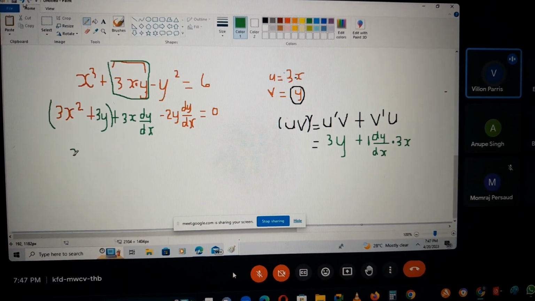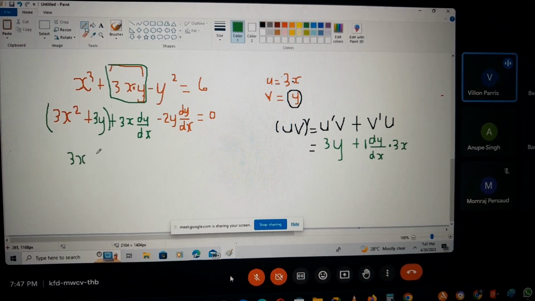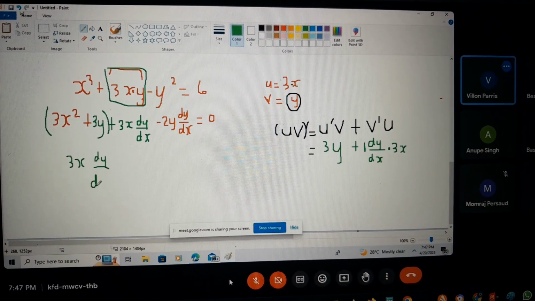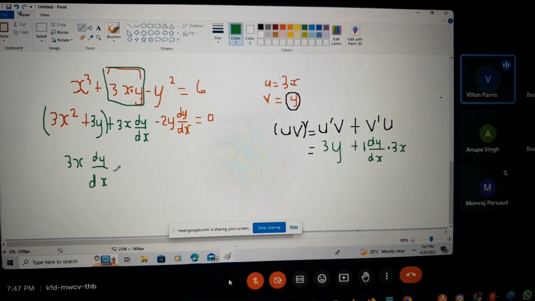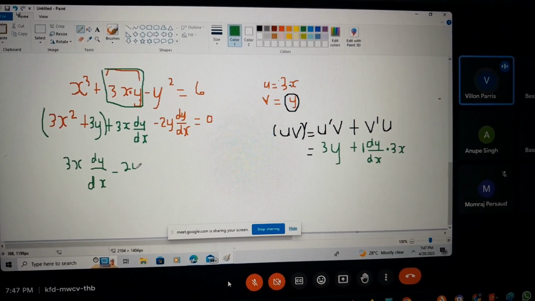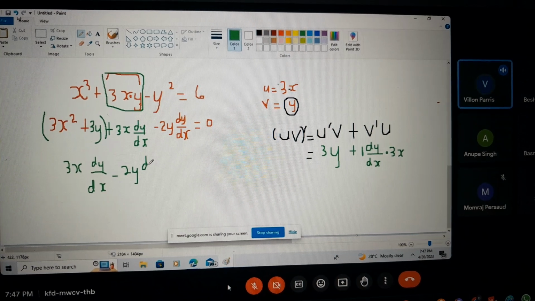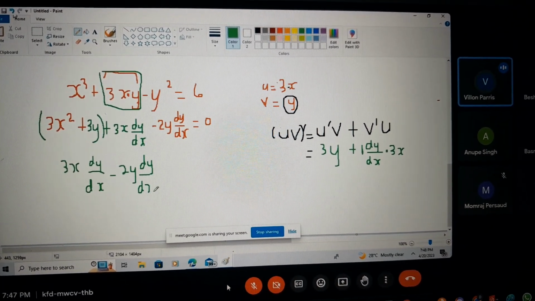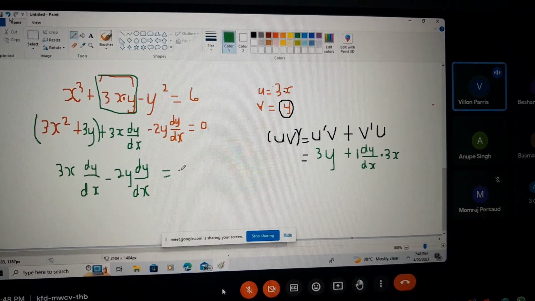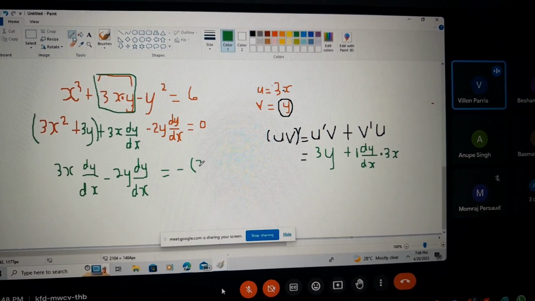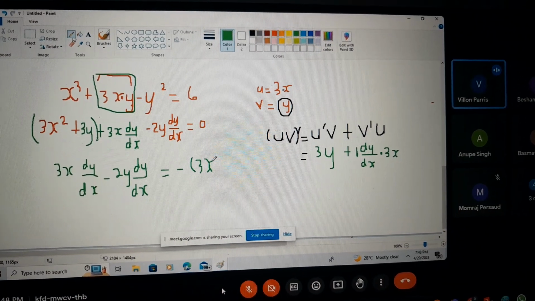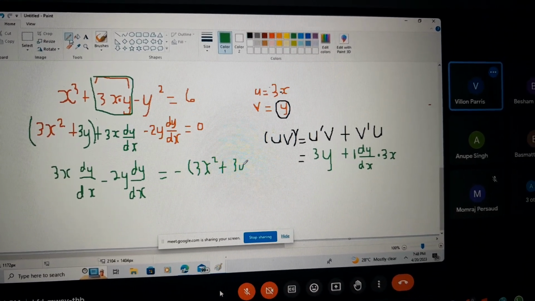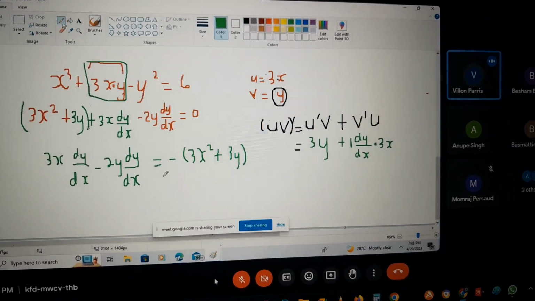So I'll be left with 3x dy/dx minus 2y dy/dx equals the negative of 3x squared plus 3y.